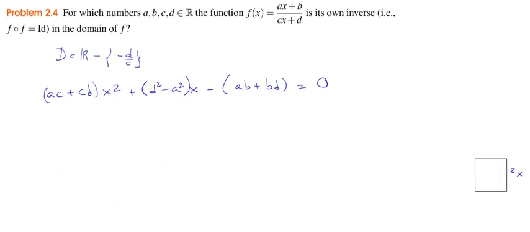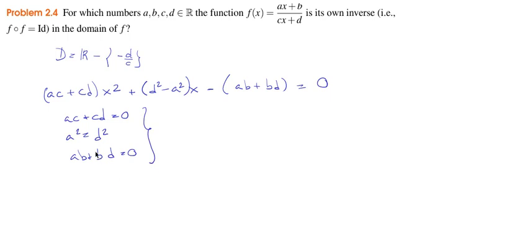Now, on this side we have a second order polynomial: x squared times something, x times something, and an independent term. This is equal to 0 for every value of x, so the only way is to have the constant zero polynomial, which means every coefficient has to be 0. That means ac plus cd equals 0, a squared equals d squared, and ab plus bd equals 0. We need to fulfill these three conditions in order for f to be its own inverse.